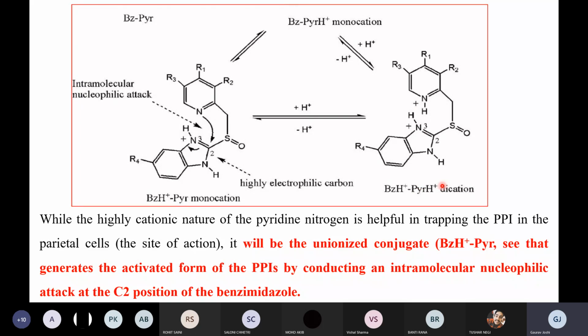When the dication forms, the molecule becomes more ionic and remains for a longer duration in the stomach or the parietal cell. So the formation of the cationic species is important: firstly a monocation, then secondly a dication.